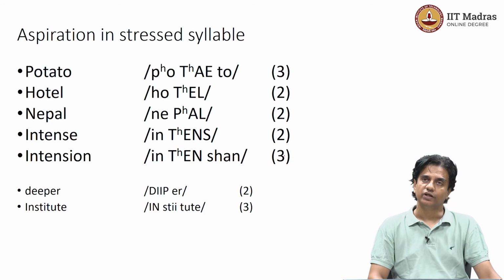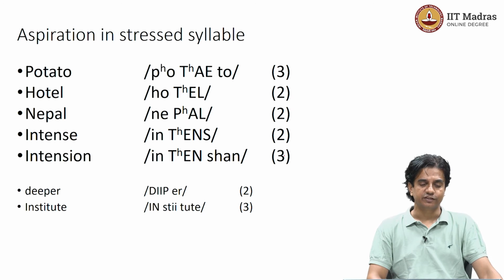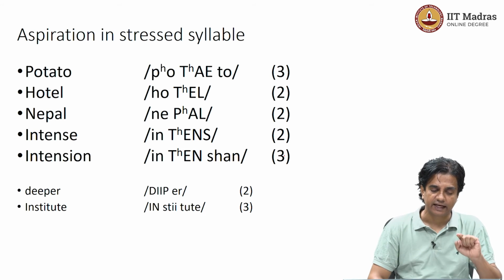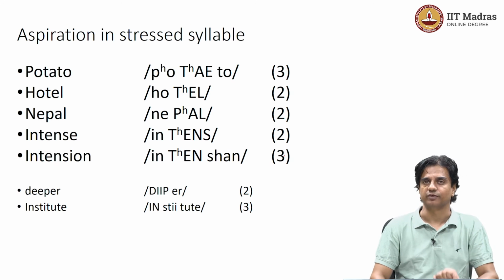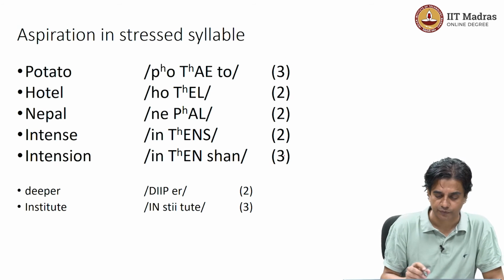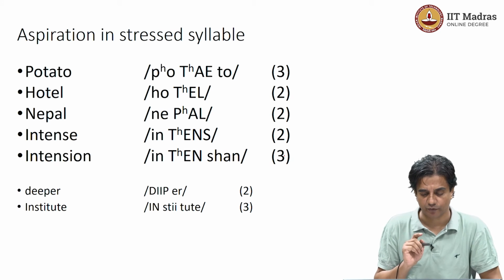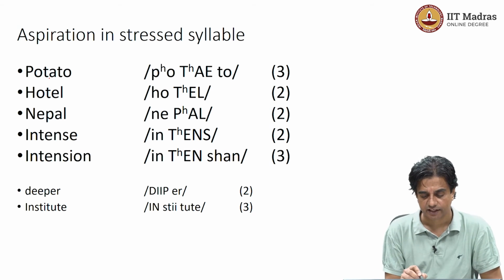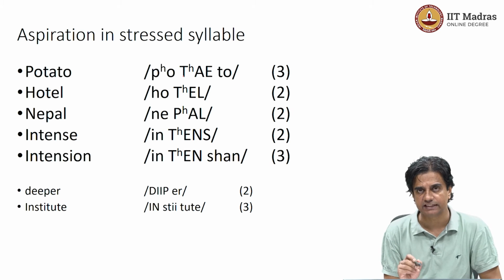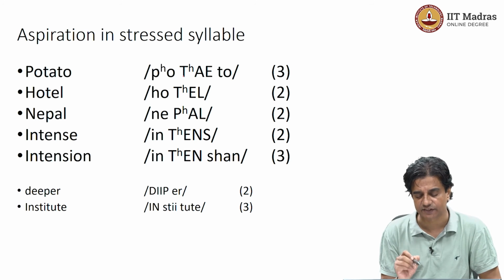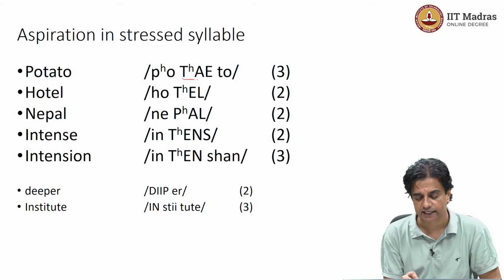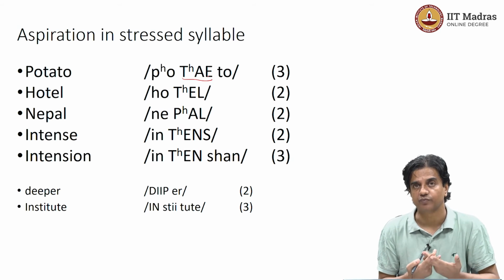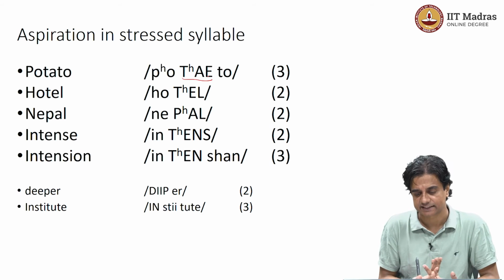Now, let us look at words with more syllables, and here we are going to look at aspiration in stressed syllables. So, when we look at a word like potato, now keep in mind, I have tried to indicate stress on the syllable by using uppercase symbols, what we also know as capital letters.